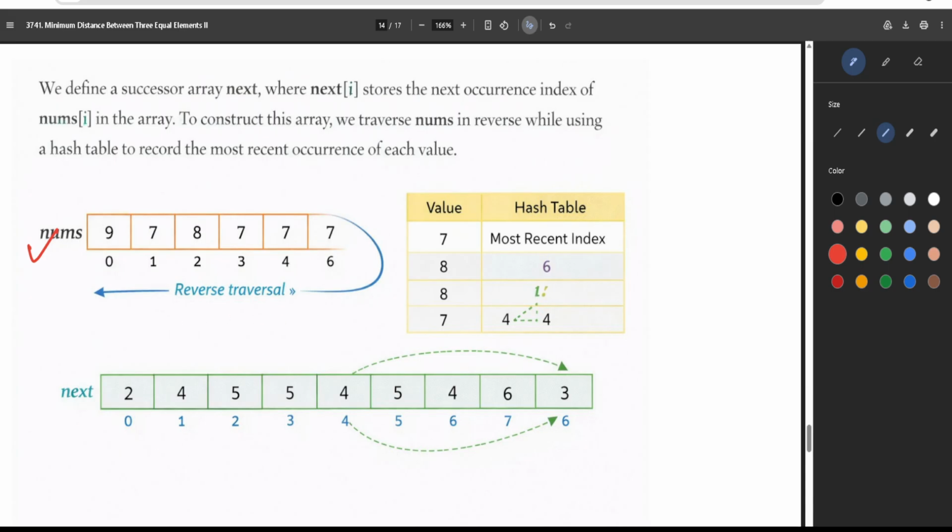Very first you will define next, and we'll store all the elements 2, 3, 4 that we have. The next at I stores the next occurrence of the index of the nums at I in the array, and we'll construct this array. We traverse nums at I in reverse, using a hash table to record the most recent occurrence each time.